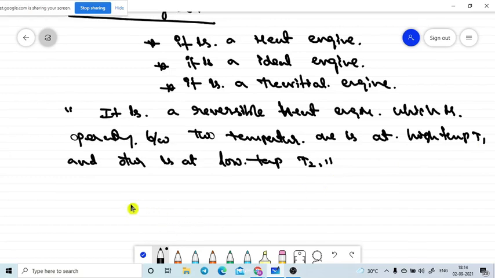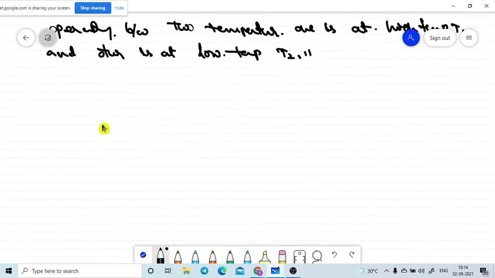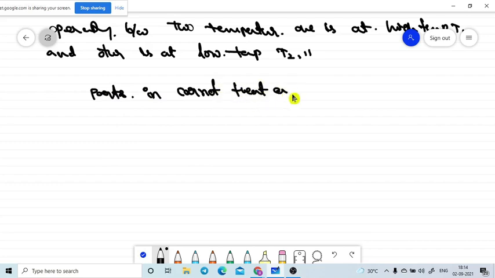So what are the parts in the Carnot heat engine? There are four main parts.